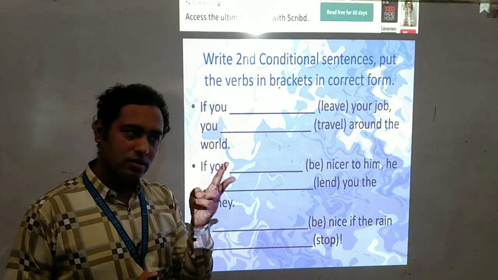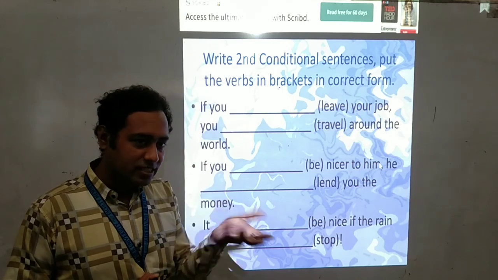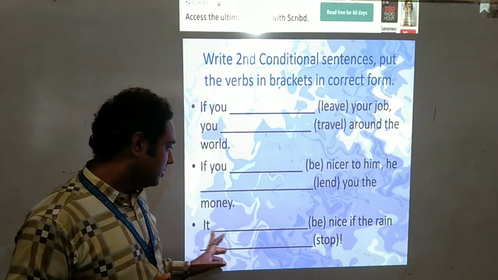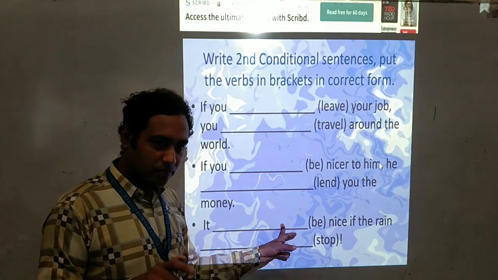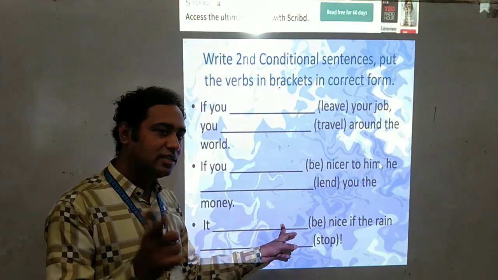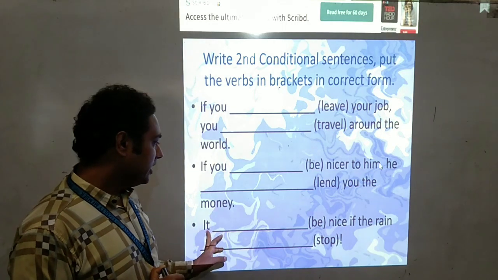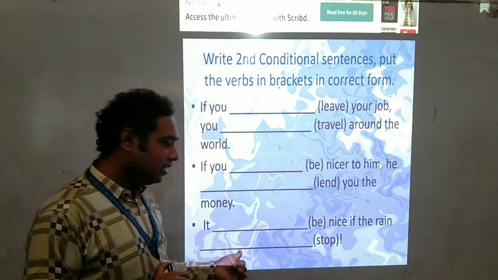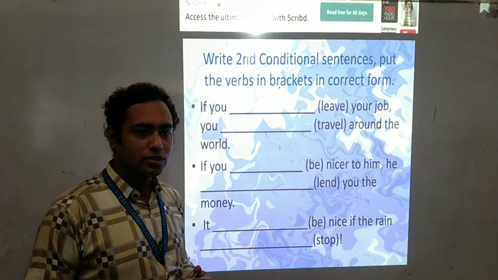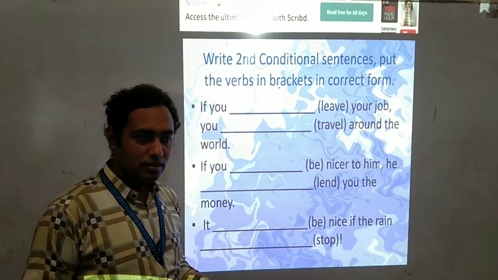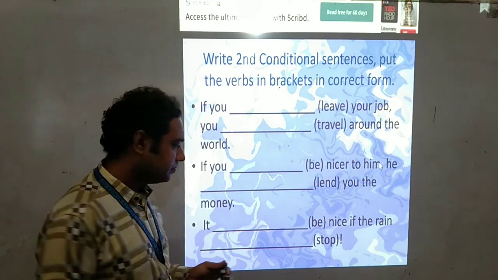A double modal cannot be used, like you cannot make it. It would be nice. Already you made use of a modal. One side a modal and the other side should be past simple. It would be nice if the rain stopped. Can you tell me the spelling of stopped? Yeah, double P.